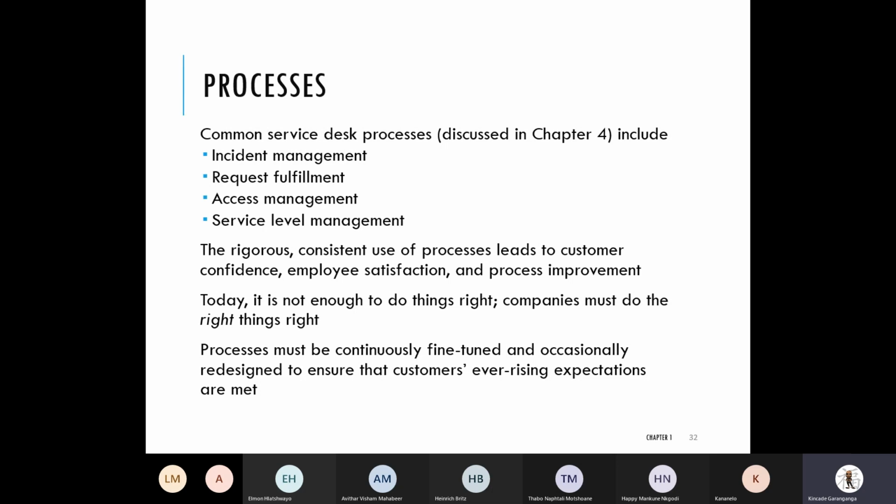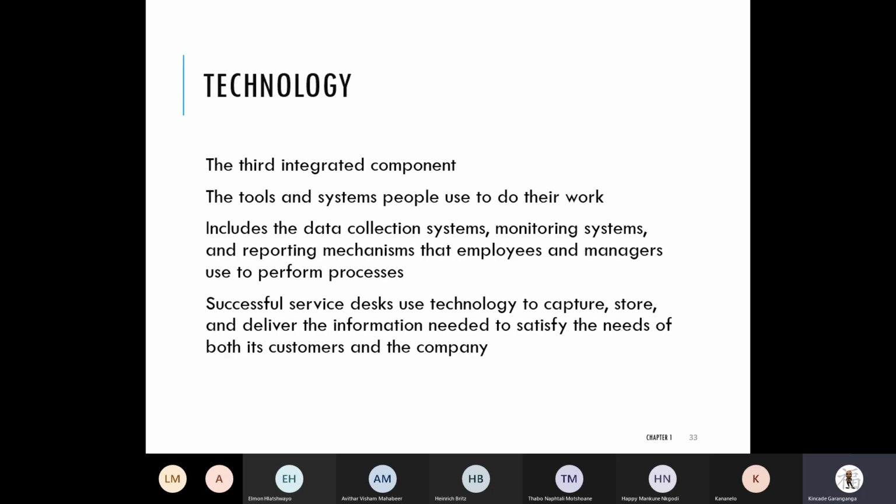And then with the technology part, naturally, those incident management systems we were discussing earlier on, it's very difficult for you to properly deploy a service desk or properly work with a service desk without the right technology put in place. Because how would you then monitor issues? How would you then try and better your environment?